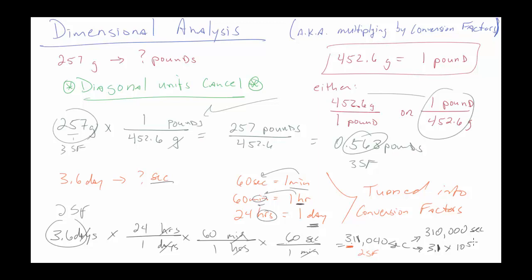So times 10 to the 5th seconds, and both of those are equivalent numbers, right? If I slid this decimal all over to the right, I would have 310,000. So both are the same numbers, and however you want to write those, I'm comfortable with having you do either one. I would suggest, though, that you probably know how to do both, because you never know how I'm going to present those answer choices to you on tests and quizzes.